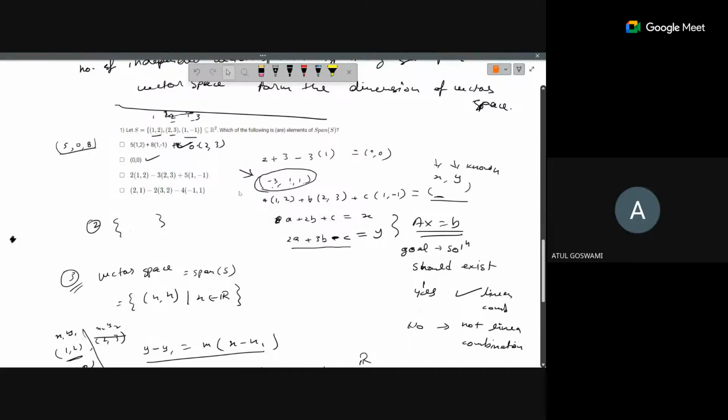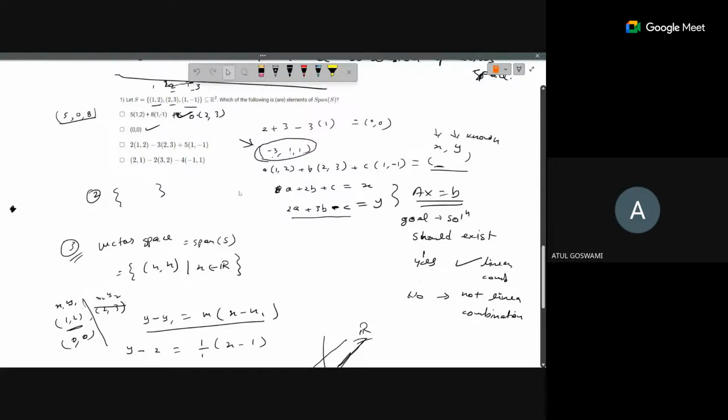Oh, okay. So see, for that, it is very simple, going back to the concept. You find this combination for the 0 vector, 0 0, which is this.